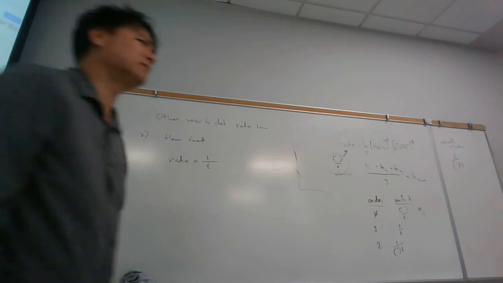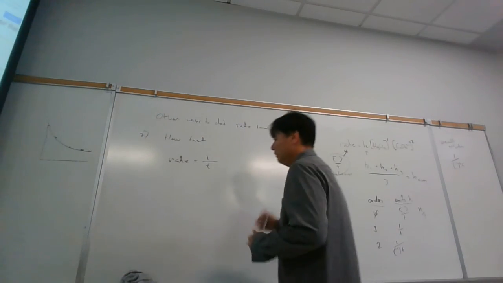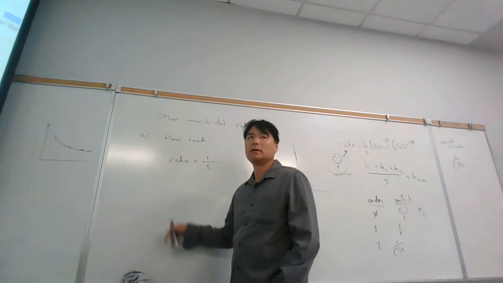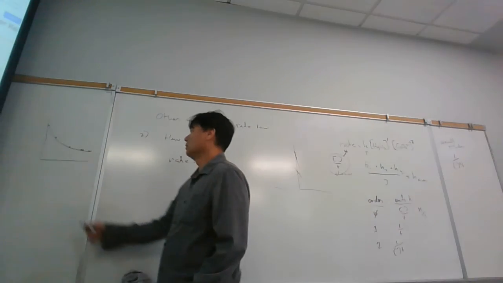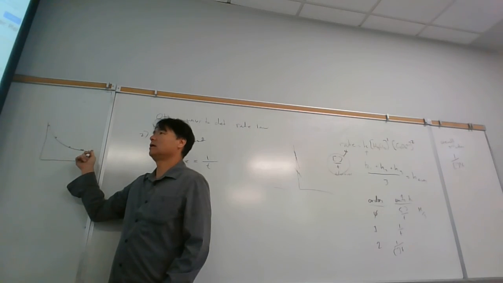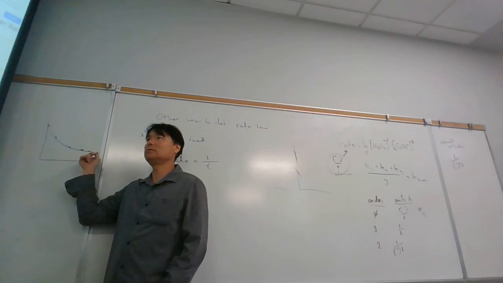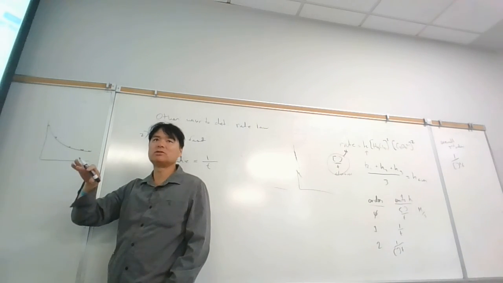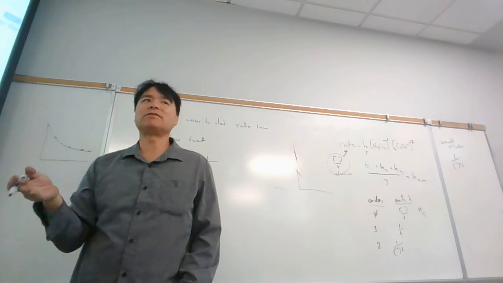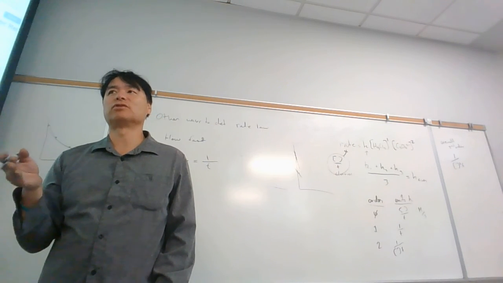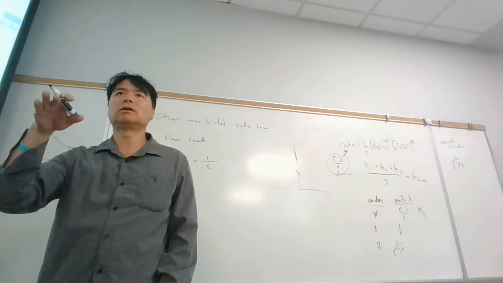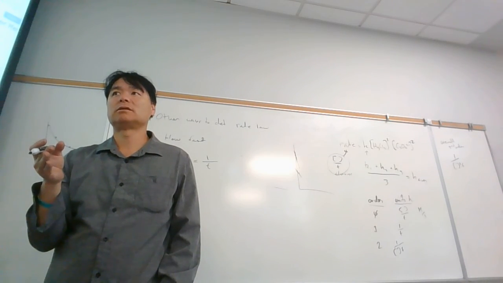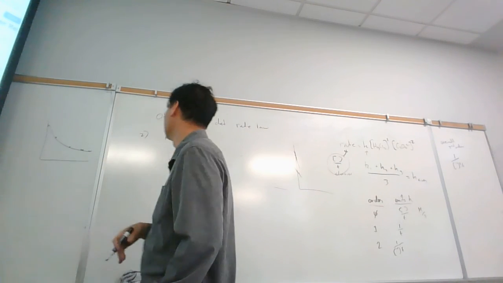And so we can pick a point. Let's say we pick a point, like how long did it take for 80% of it to be consumed? Like in yours, when you did your reaction, we looked at how long it took for 80% of it to be consumed, and then compare the two runs. You look at run one and you compare it to run two. If run two took half as long, then we know it's first order. If run two took a quarter of the time as run one did, then we know it's second order. And so we could do it that way.